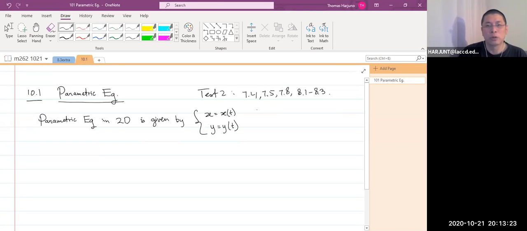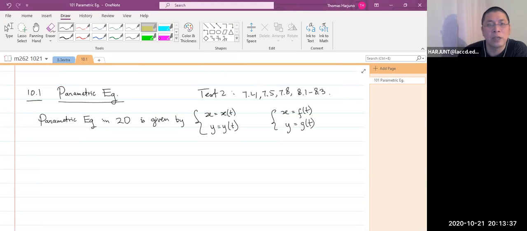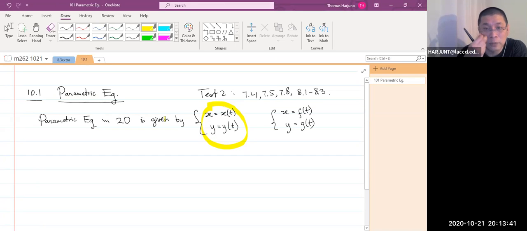Our textbook doesn't want to use x and y as functions of t, they use f and g. So our textbook says it this way: x equals f(t), y equals g(t). But that notation actually has the same meaning as this. X as a function of t, y also a function of t.